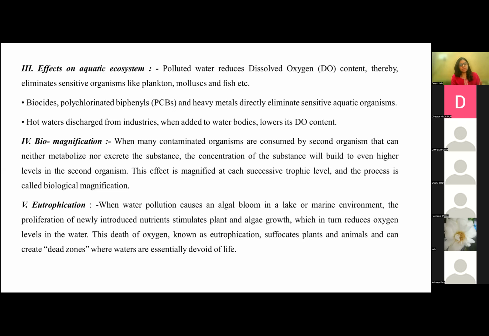And when the oxygen level comes below the average, or a very low oxygen level is there and it is not supporting any life growth, at that stage it is known as eutrophication. This depletion of oxygen is known as eutrophication. It suffocates plants and animals and can create dead zones where waters are essentially devoid of life.